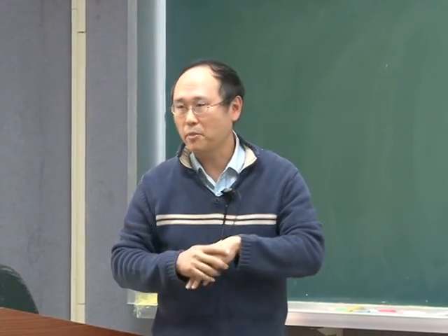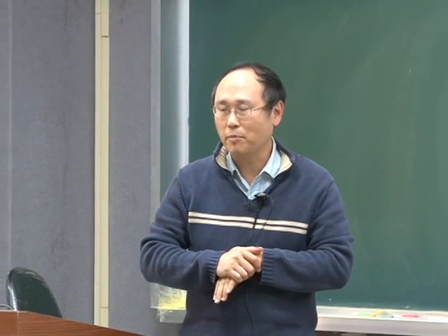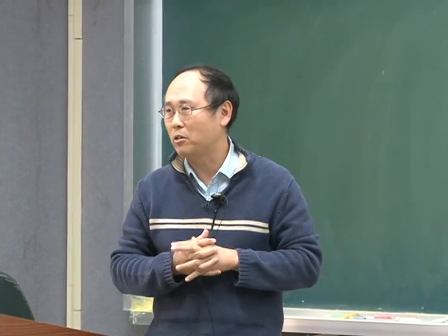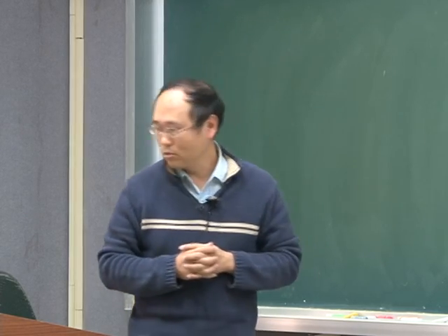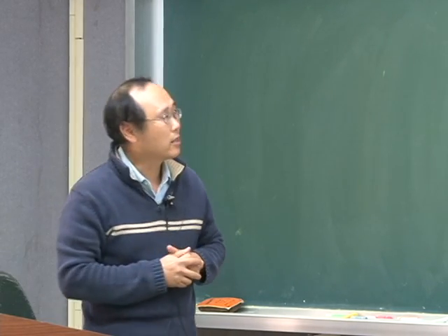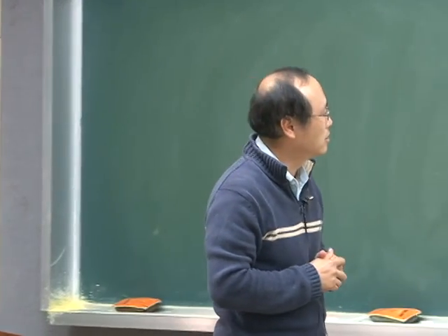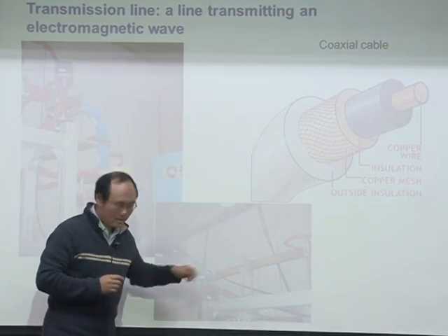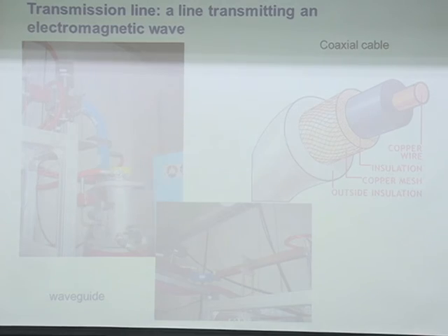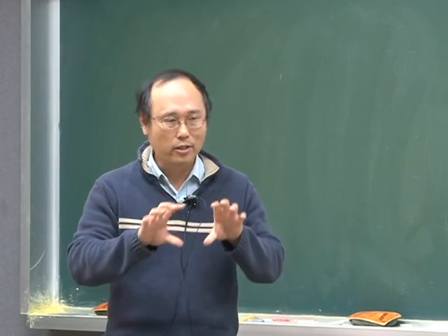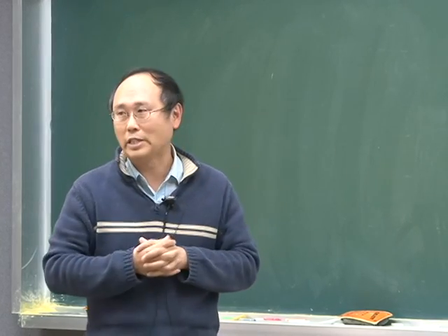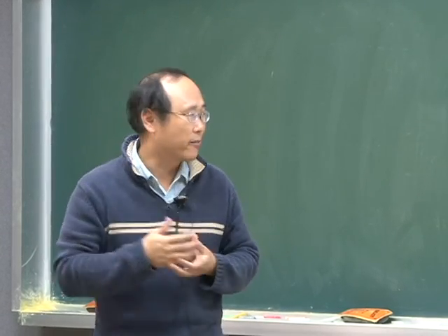So this is the most common transmission line, but sometimes if you deal with very high power electromagnetic wave, you do use a large waveguide, something like this. This is some kind of waveguide structure. It's like a pipe, like a water pipe, with a hollow structure inside, and then the electromagnetic wave can propagate.